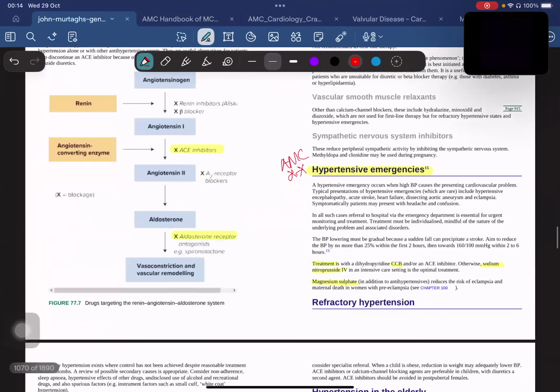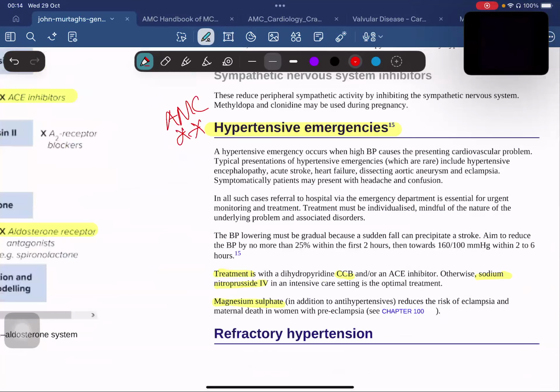And then again, hypertensive emergency. Just write it down for further reading. It's an AMC tested topic again, so you can just read this through. Treatment is with dihydropyridine calcium channel blockers, or you can maybe use ACE inhibitors, or else sodium nitroprusside IV in an intensive care setting.